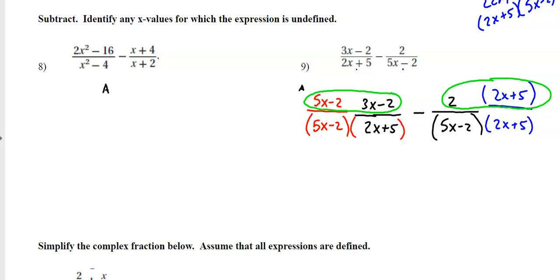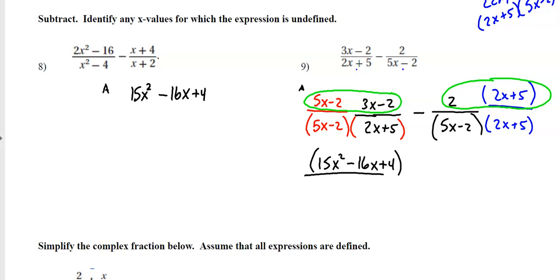Little piece A there, that's going to be 15x squared. It looks like it's going to be minus 10x minus 6x. So that's minus 16x. Then negative 2 times negative 2 is a positive 4. So I get 15x squared minus 16x plus 4.